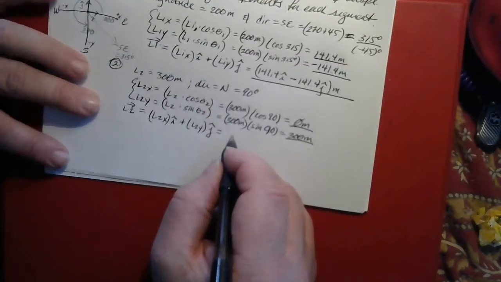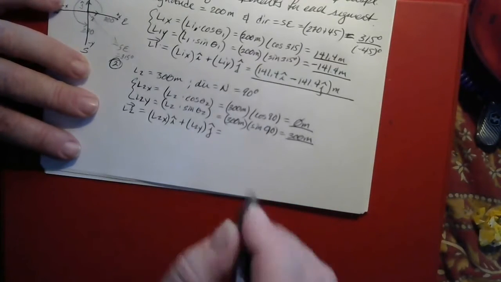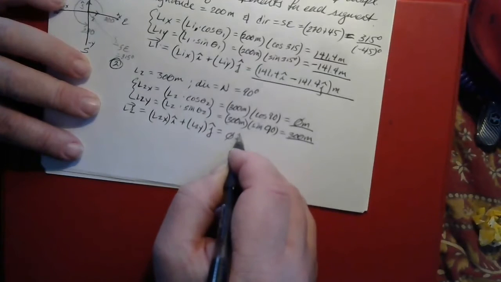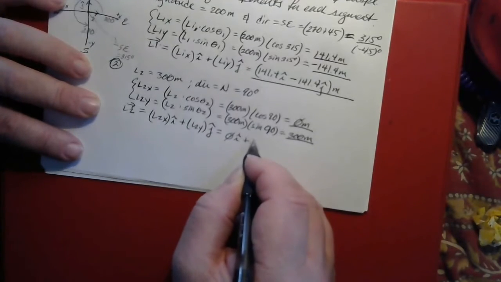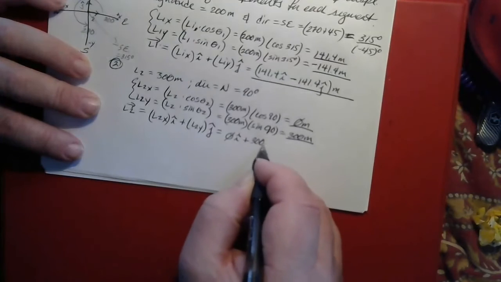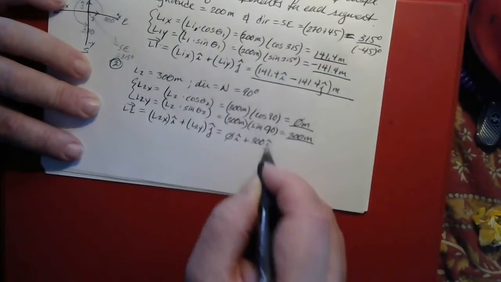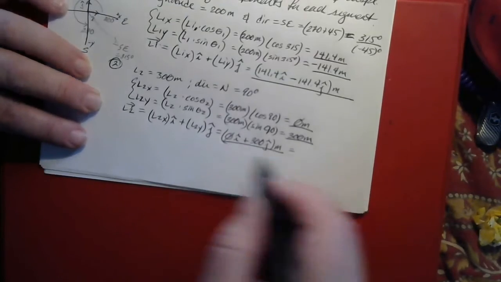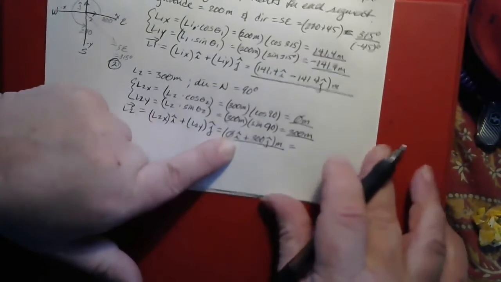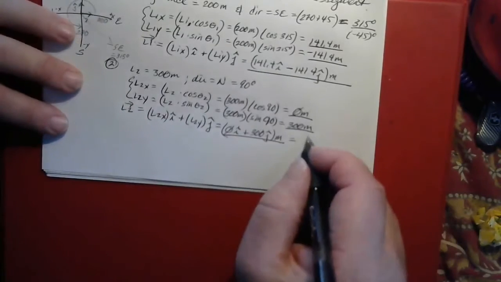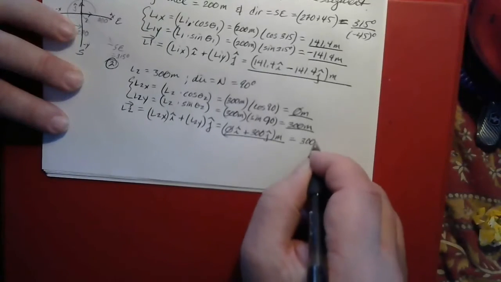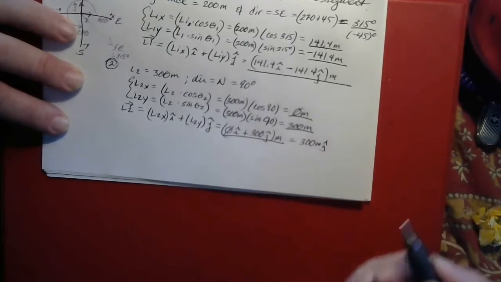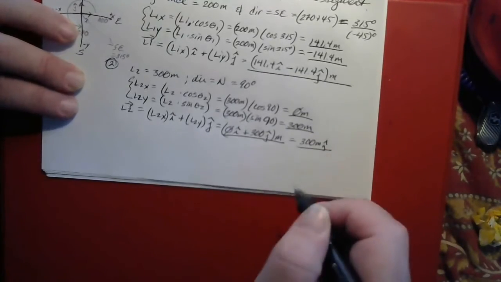Basically it's going to be 0 i plus 300 j meters. And because, of course, 0 times i is 0, you can leave that out. And this just becomes 300 meters times the unit vector in the y direction, or j.